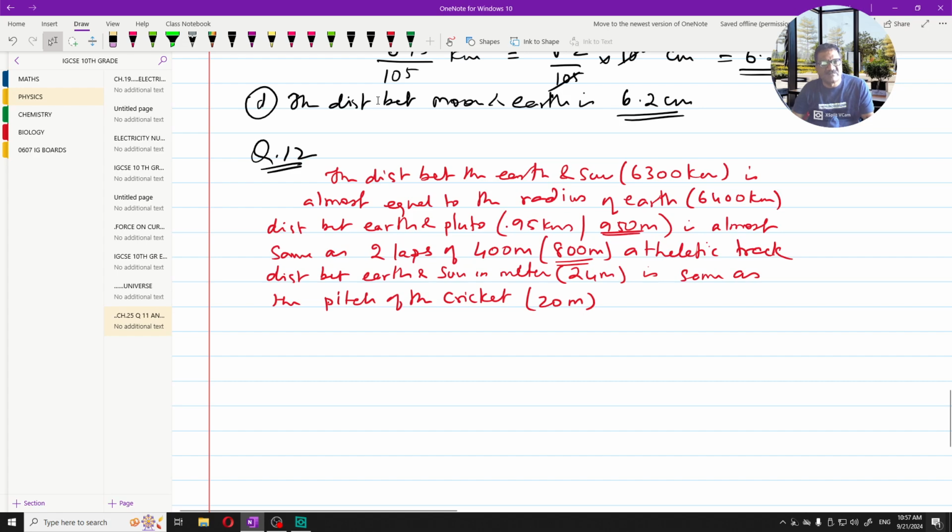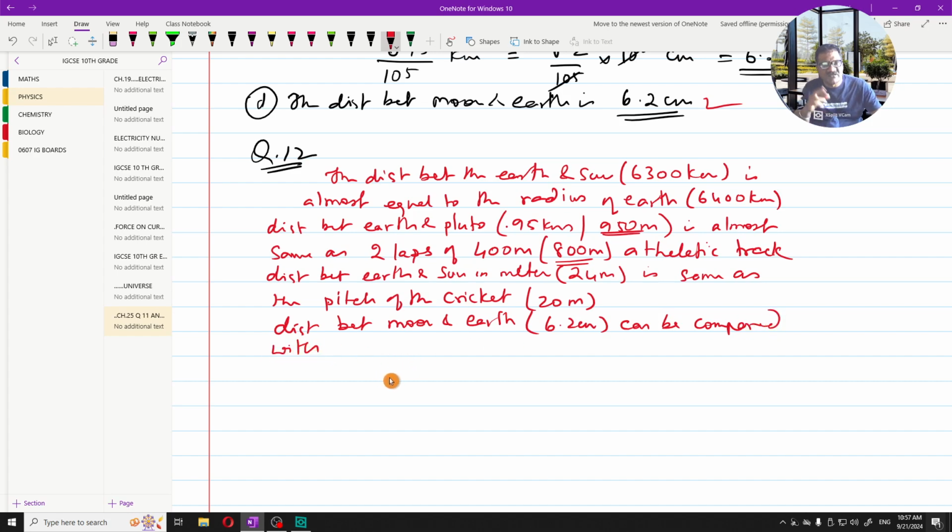And for the D part of the answer, you can see here the distance between the moon and the earth is 6.2 centimeters. So this distance between moon and earth, which we got as 6.2 centimeters, can be compared with a pencil. Normally a full-fledged new pencil is around 18 centimeters.